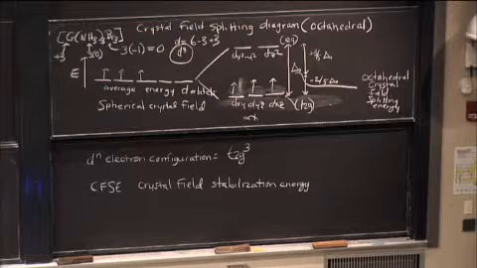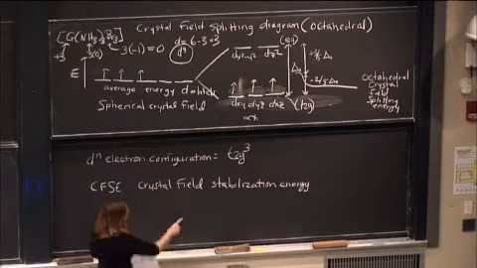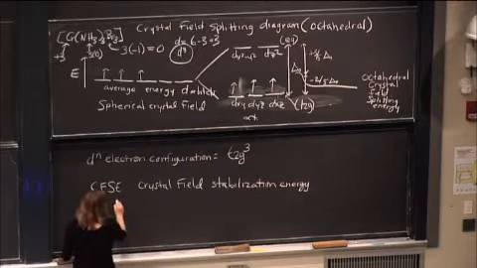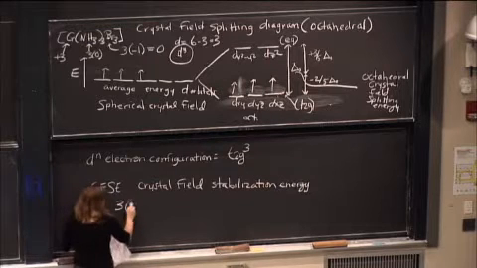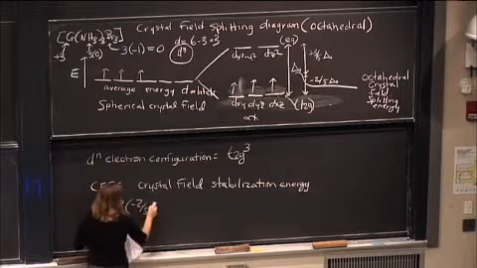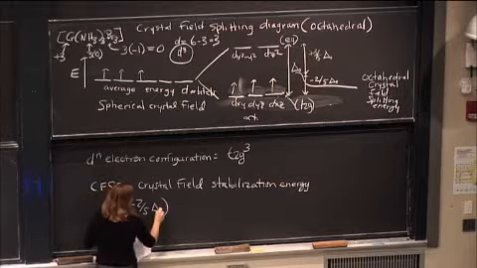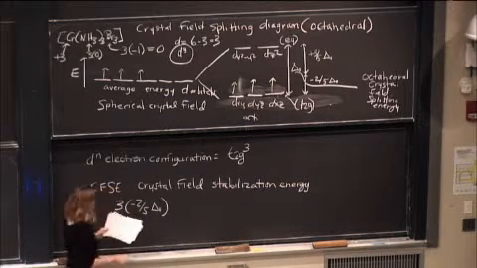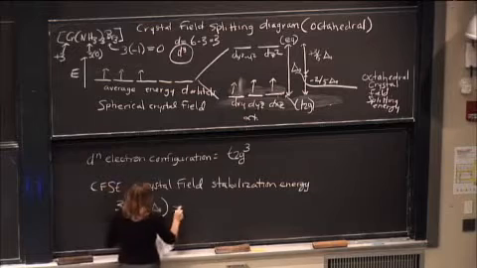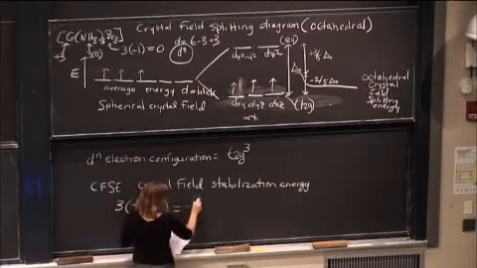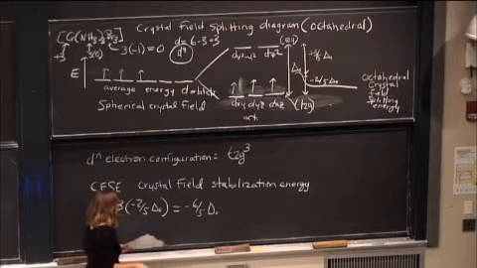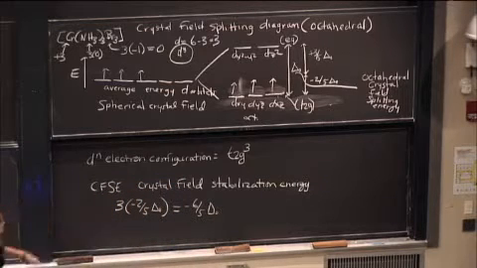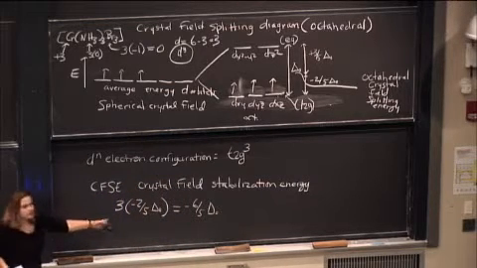And so what we can do there is to see that you have 3 electrons in those lower sets of orbitals, and those orbitals are stabilized by 2/5 times the octahedral crystal field splitting energy. And so that gives an answer of -6/5 times the octahedral crystal field splitting energy. So that's how much those electrons are stabilized.